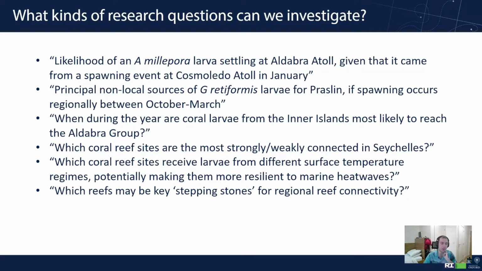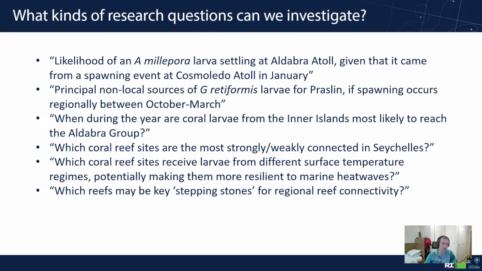And we can also incorporate things like surface temperature into these vulnerability predictions. Or if you've got Reef A and Reef B, which are fairly distant, they might not be connected directly because coral larvae don't live forever, they've got a limited lifespan, but they might be strongly connected through an intermediate coral reef in the middle. We call those stepping stone reefs.